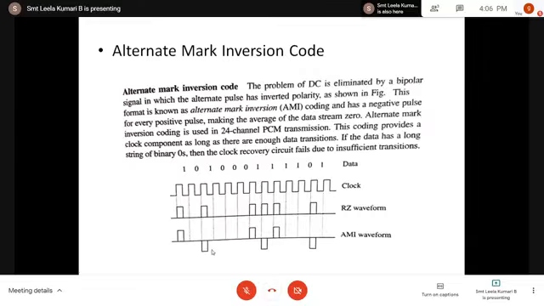So bipolar return to 0 format is also referred to as alternate mark inversion code. The other name for this code is pseudo ternary code, because here three different levels are there: positive, negative and 0.